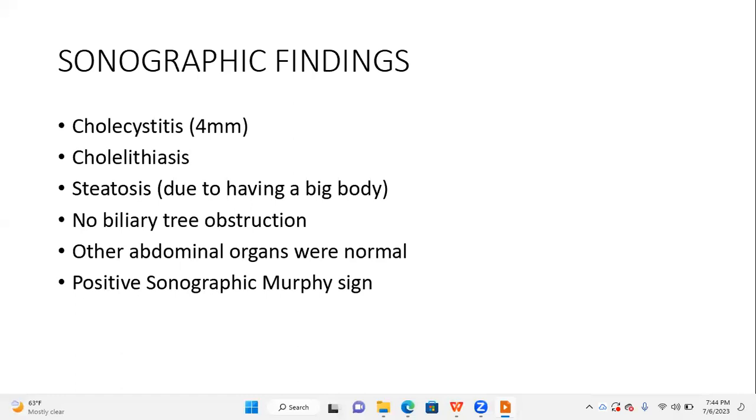Steatosis, which is a fatty liver. This could be attributed to having a big body. This patient was quite huge. Then there was no biliary tree obstruction. Other abdominal organs were normal. The patient also had a positive sonographic Murphy sign.